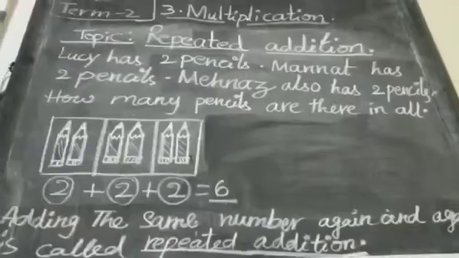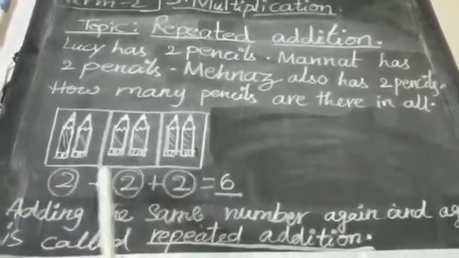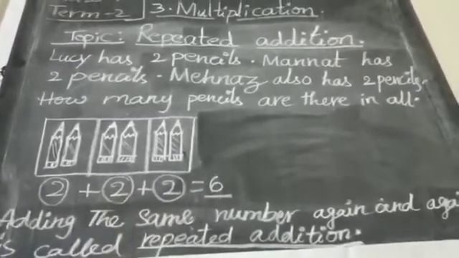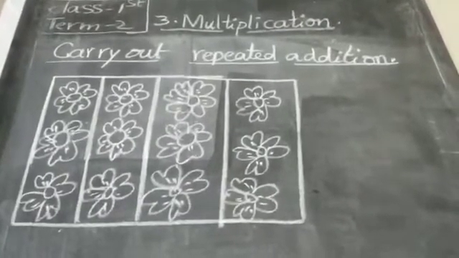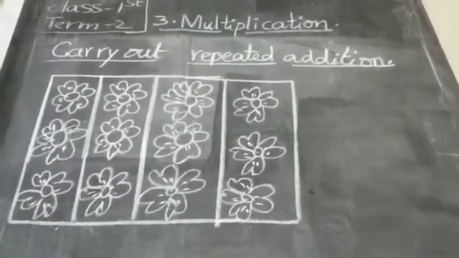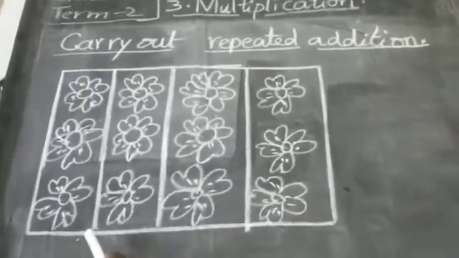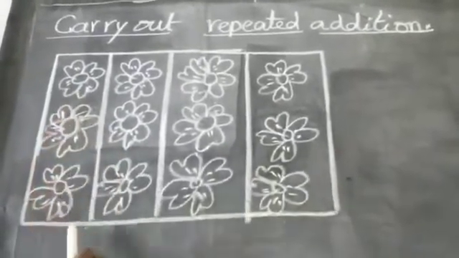Adding the same number again and again is called repeated addition. Look at the next question. Carry out repeated addition. How many flowers are there? First group 3 flowers, 1, 2, 3.